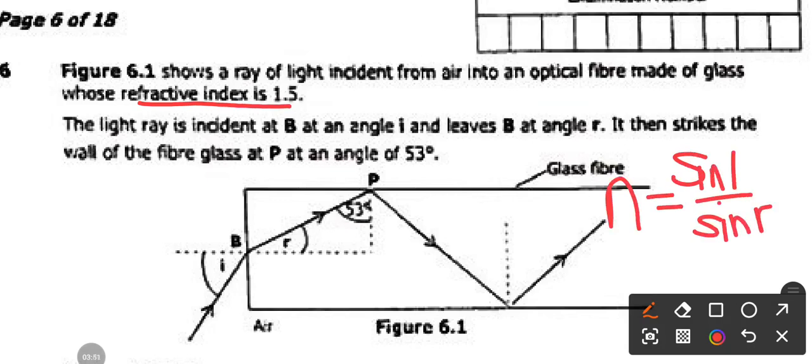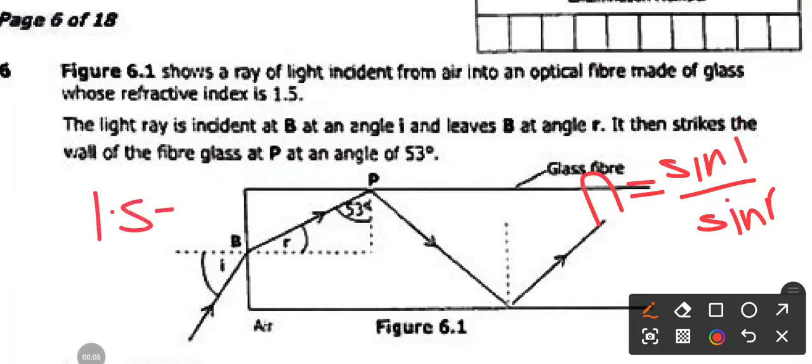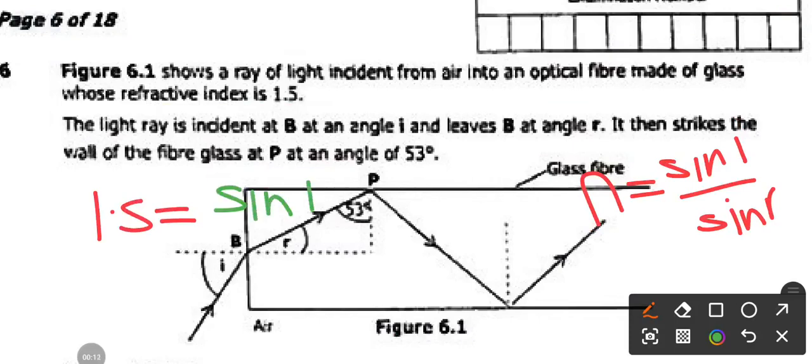So far, we have the angle of refraction as well as the refractive index, so we can easily work out the angle of incidence. Doing the substitution, n, which is 1.5, is equal to sine I over sine 37 degrees.